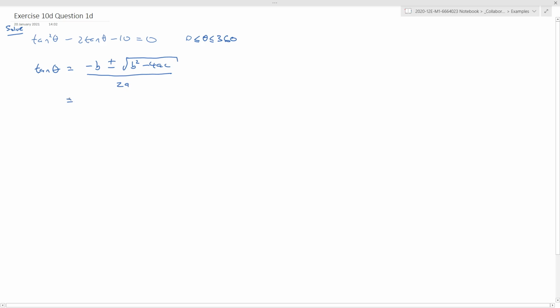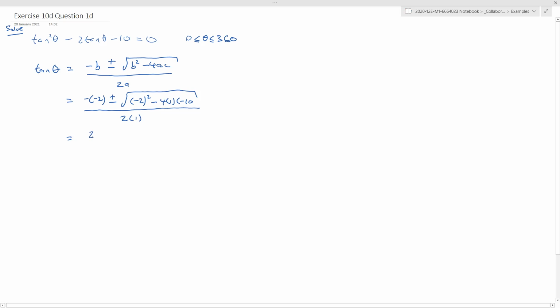So I'm going to substitute. b is minus 2, so minus 2 plus or minus the square root of minus 2 squared minus 4, where a is 1 and c is minus 10, all divided by 2a, which is 2. Okay, simplify.